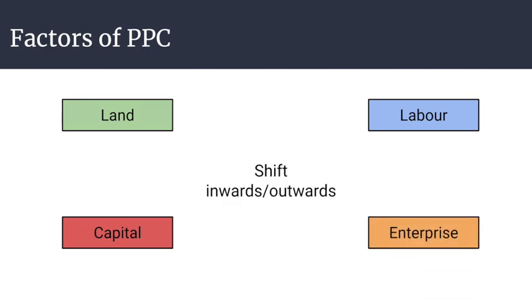All of those four different variables of factors of production allow the economy to shift inwards or outwards, meaning the production possibility curve will shift inwards if one of those factors is being underused or is not being used to a full extent. The curve will shift outwards if all these factors are being developed and are being used to maximum efficiency.